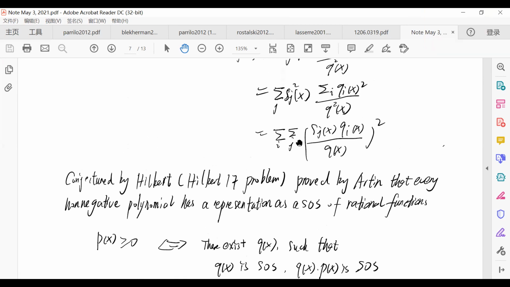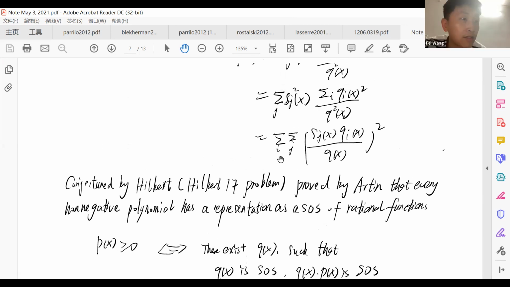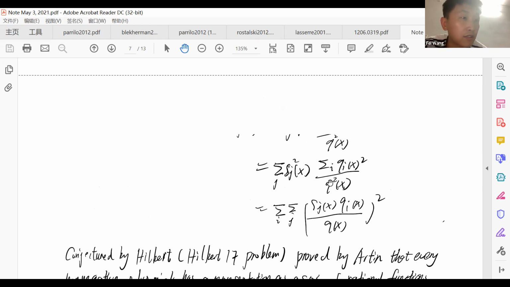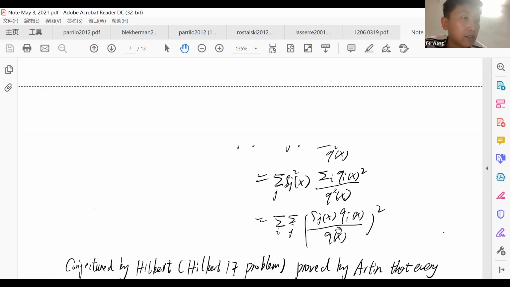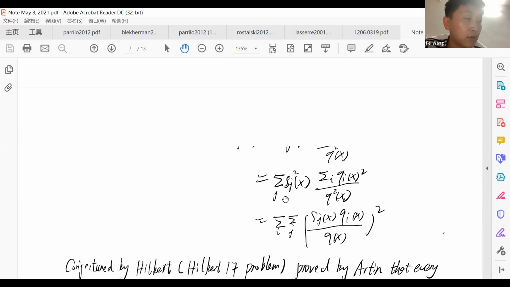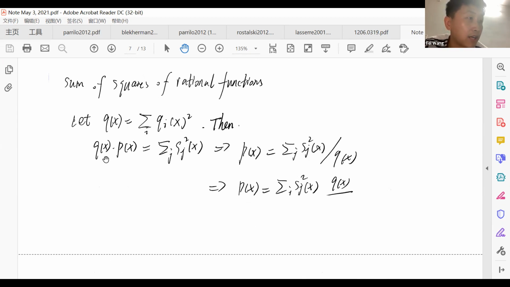And then we just multiply p(x) by the GCD of the denominators of all the rational squares, which is q(x), let's say. So by going in this reverse direction, we have q(x) times p(x) is a sum of squares.